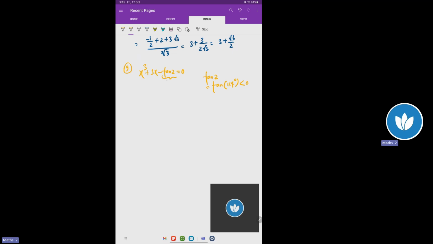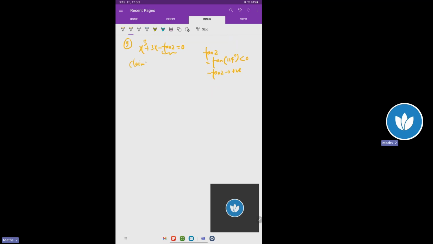It means if tan 2 is negative, minus tan 2 will be a positive quantity. If this is a positive quantity, what is my claim? My claim is its root can't be positive. Why its root can't be positive? Because if all will be positive quantity, then how this can be equated with 0? It means its root will be negative. This is for sure. It means alpha is negative.